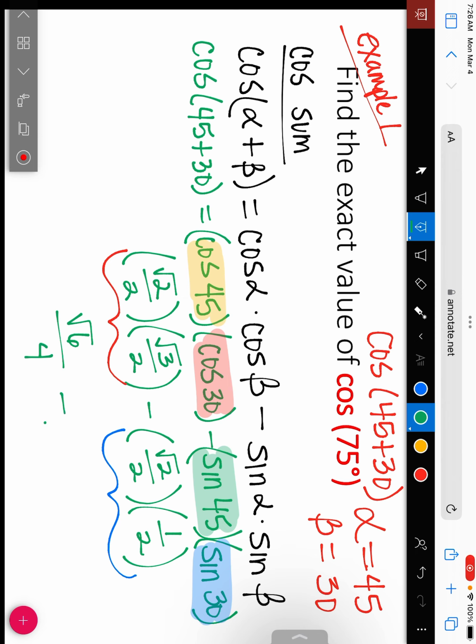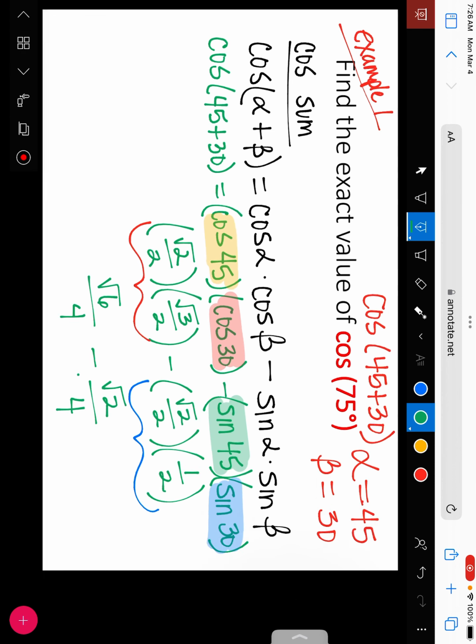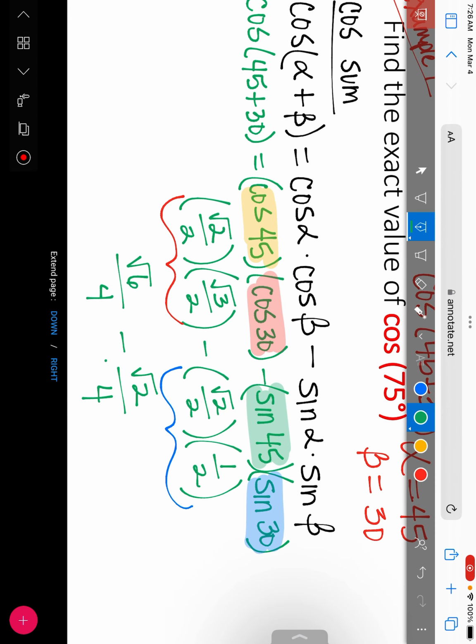Minus root 2 times 1, which is root 2 over 4. We have a common denominator, so we can write this as a single fraction, and that would be your final answer.